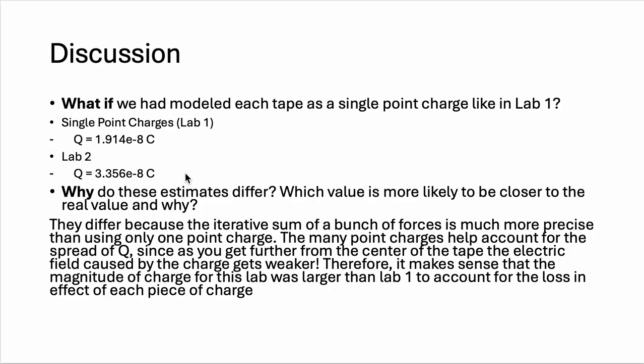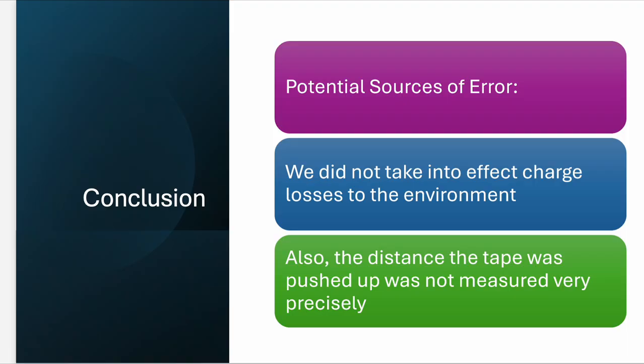And so, therefore, it makes sense that the magnitude of the charge for this lab was larger than in Lab 1 to account for the loss in the effect of each piece of charge for each segment.